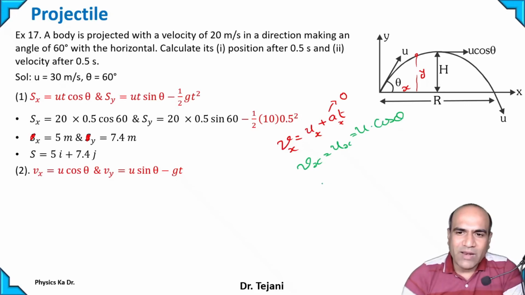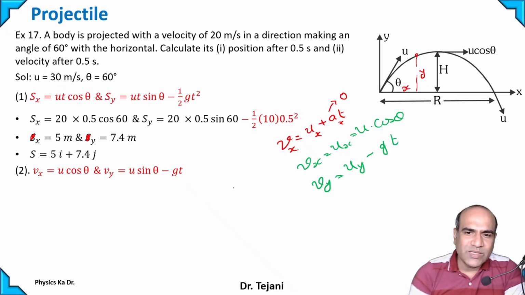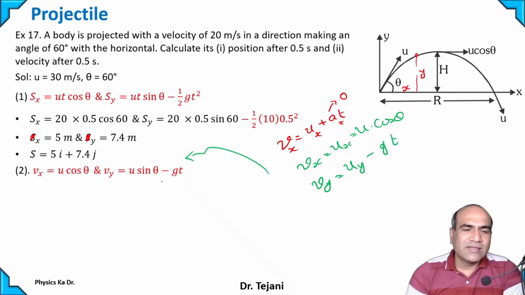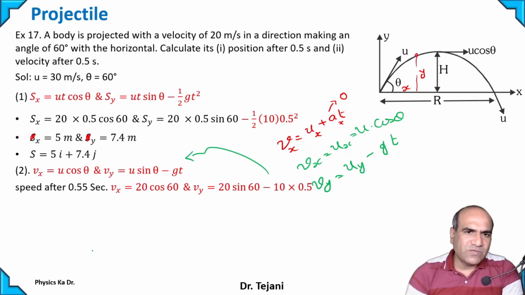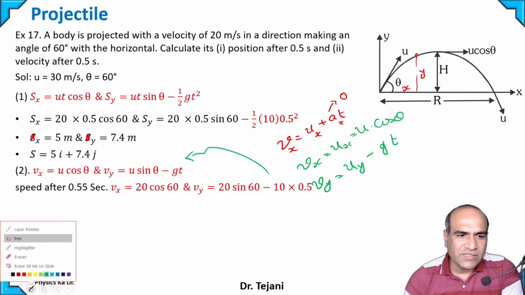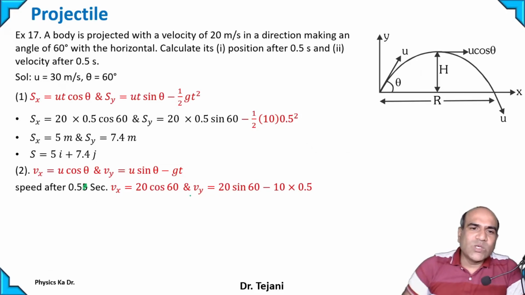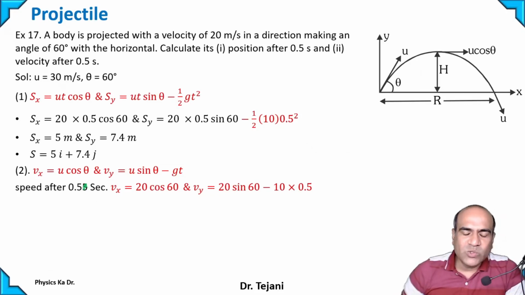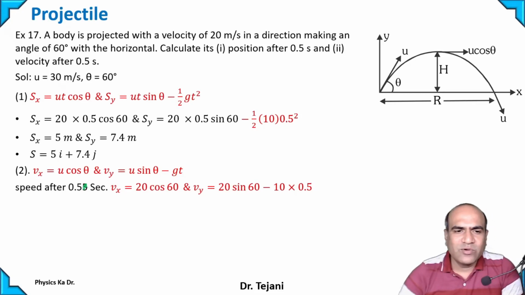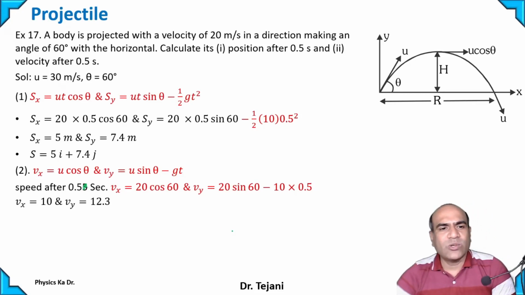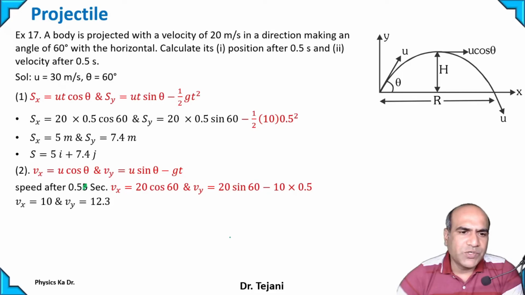And Vy is equal to Uy minus gt. Put the value here after 0.5 second, like 0.5 second. Vx is equal to 20 cos 60, Vy is equal to 20 sin 60. Put the values here and you will have Vx is equal to 10, Vy is equal to 12.3.